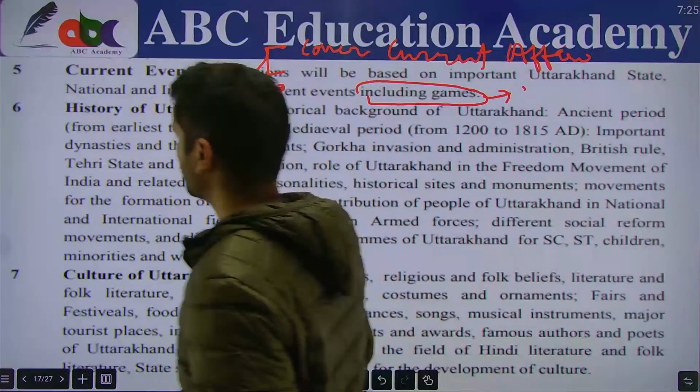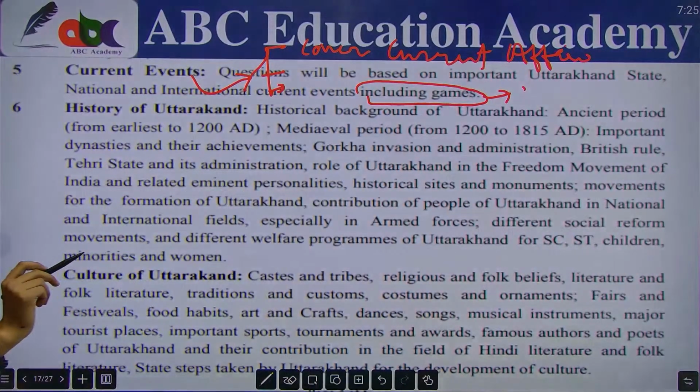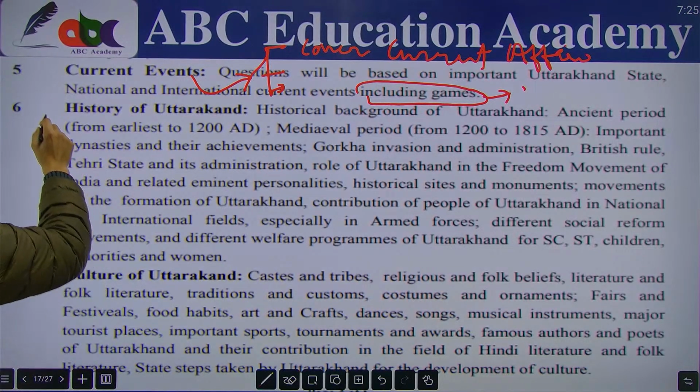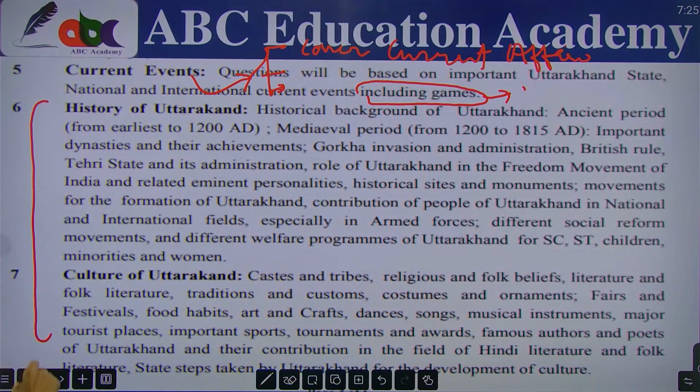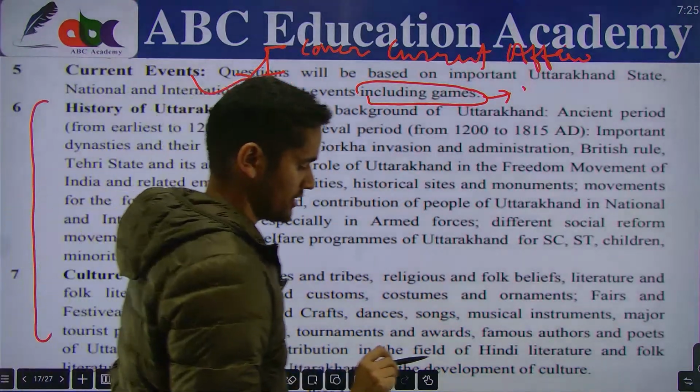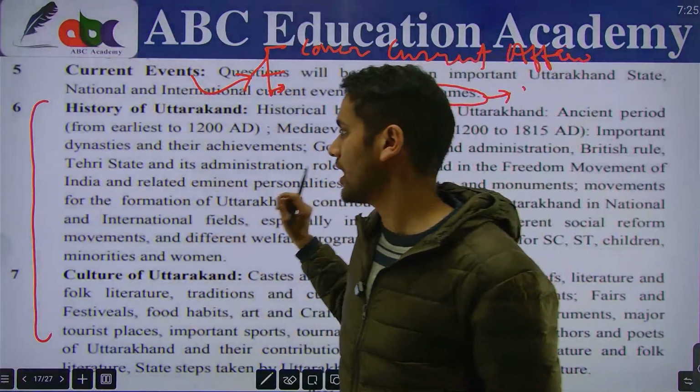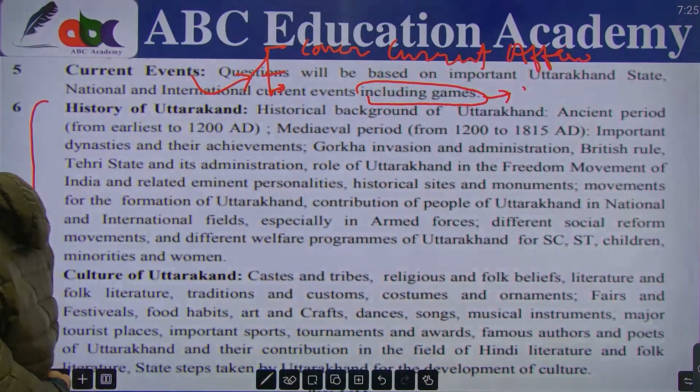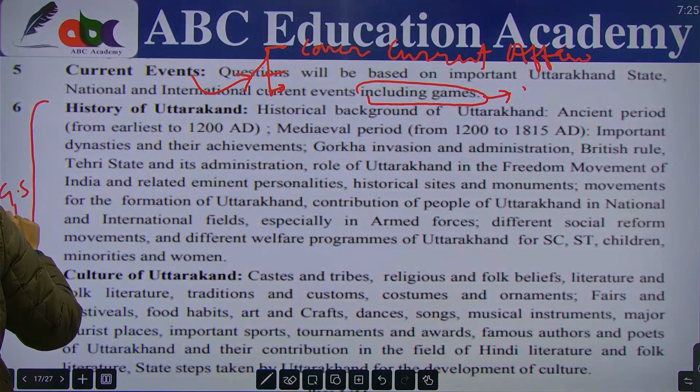Now we will talk about the most important part of the prelims examination of the GS part.